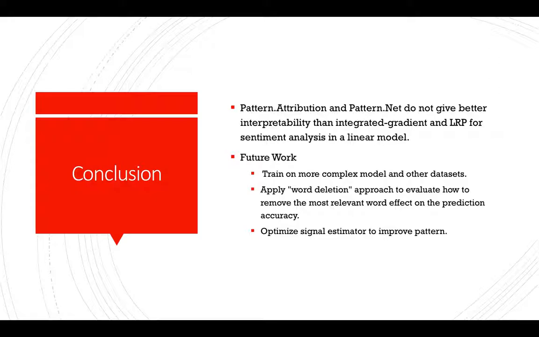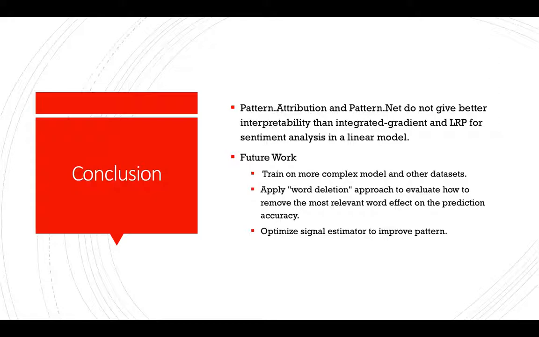And it's also possible to use other approaches to compare the methods. For example, a word deletion approach to evaluate how removing the most relevant words affects the prediction accuracy.